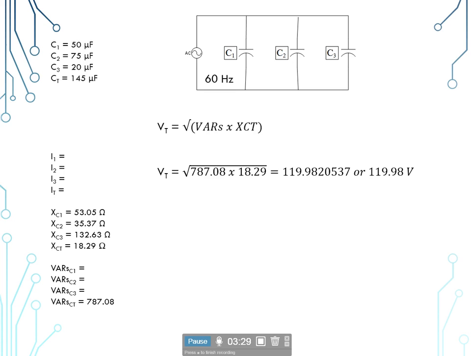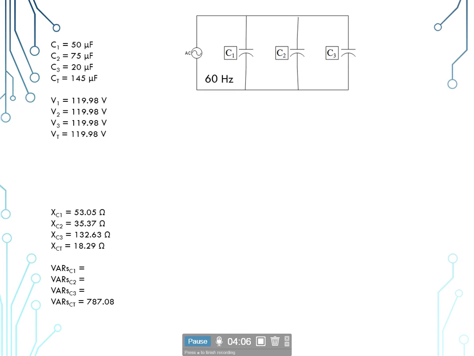So we take the square root of 787.08, that was a given value to us, times our calculated total capacitive reactance of 18.29 ohms, giving us 119.98 volts. Now remember, in a parallel circuit, our voltages are constant across all branches. So V sub T is equal to V sub 1 is equal to V sub 2 is equal to V sub 3. So we can go ahead and populate that same 119.98 volts for V sub 1, 2, and 3.